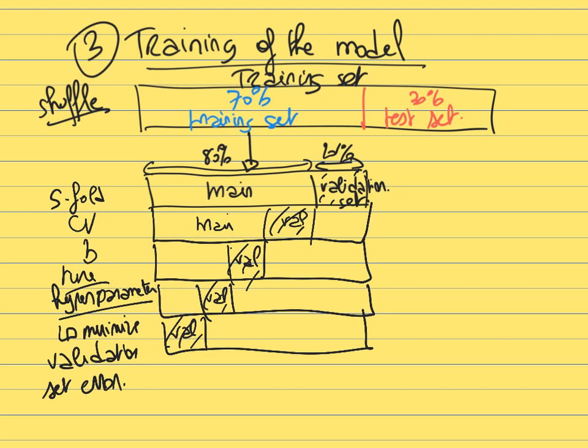You want to minimize the average error that you are making when predicting the validation set, but you also want this error to be pretty stable. You don't want a model that sometimes predicts a high error for the validation set and sometimes a low error. So you will tune the hyperparameters to minimize the error and also minimize the standard deviation of the error.